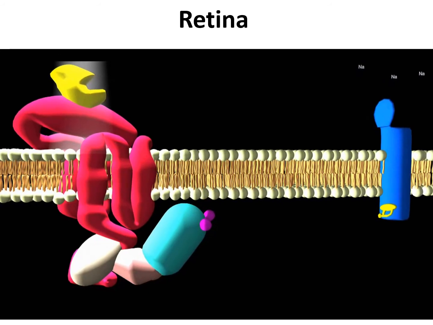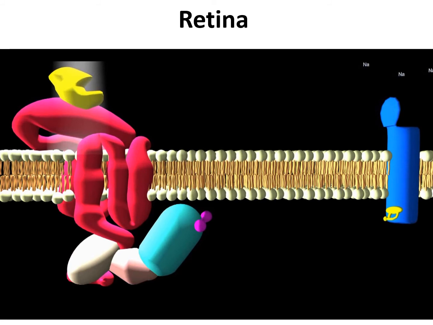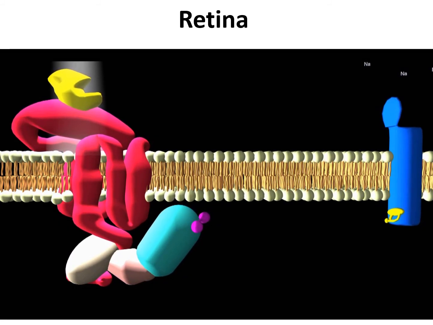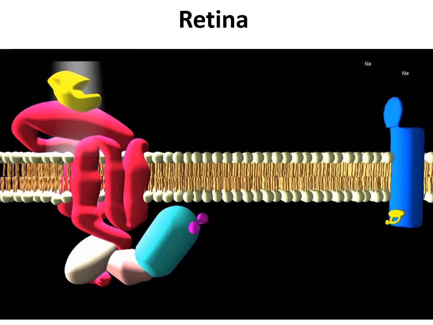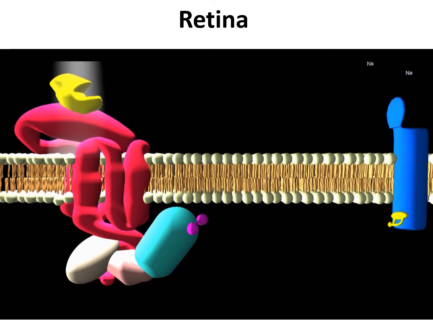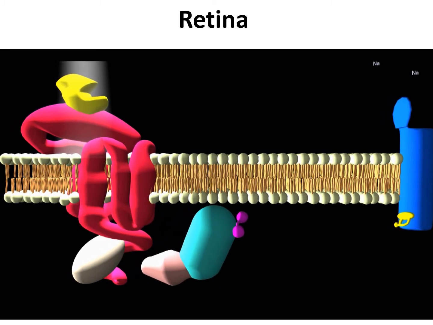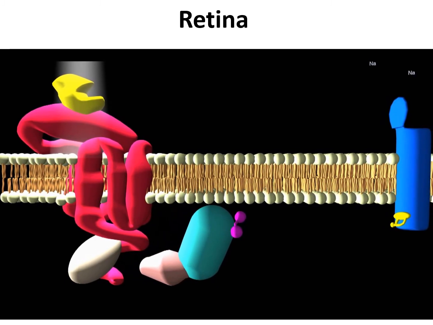The change exerted by the light on retinal causes a cascade of conformational changes in the rhodopsin, which in turn activates an intracellular G protein, which then activates a cyclic GMP phosphodiesterase enzyme.